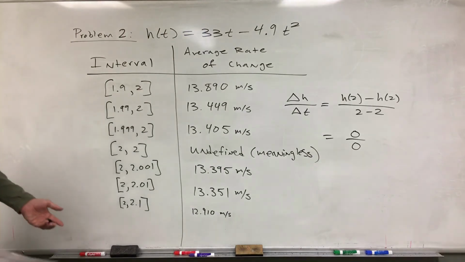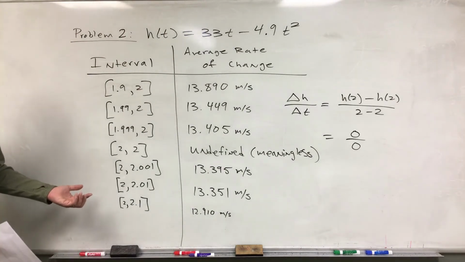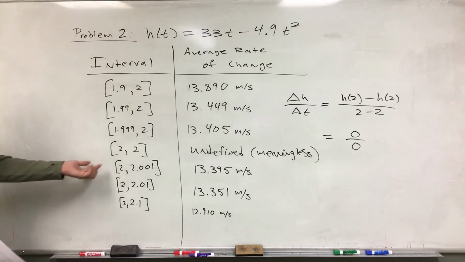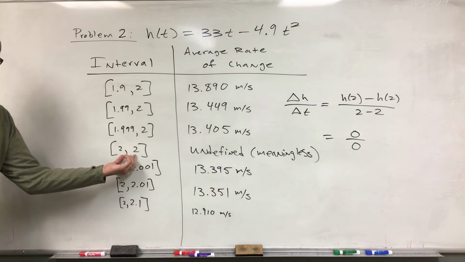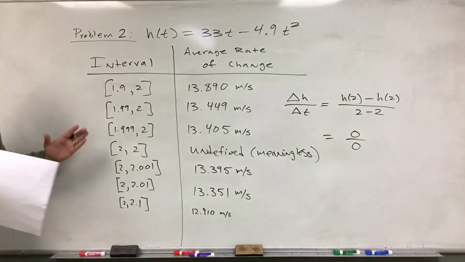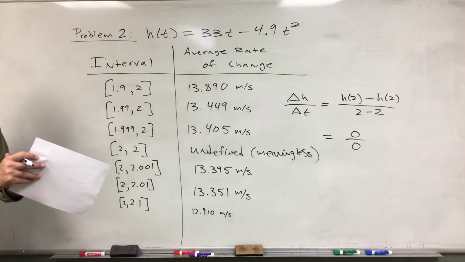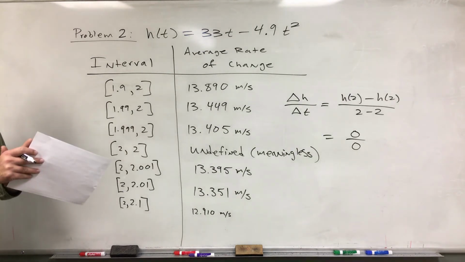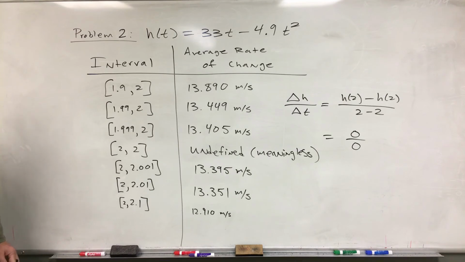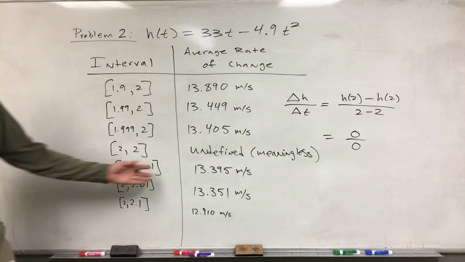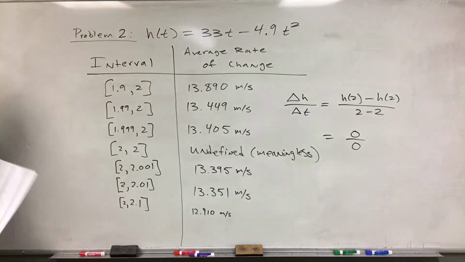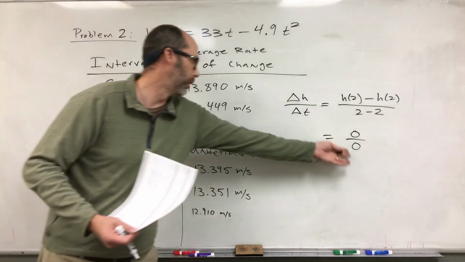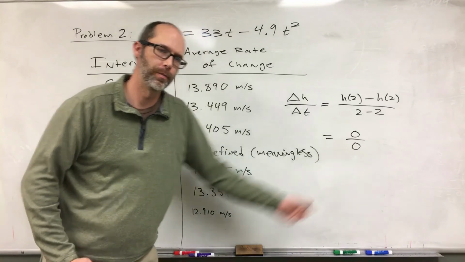The instantaneous rate of change is the rate of change at exactly 2. You can think of it as shrinking the interval down to a single point at 2. But that's undefined. It means nothing to us, because 0 over 0 is a meaningless expression.